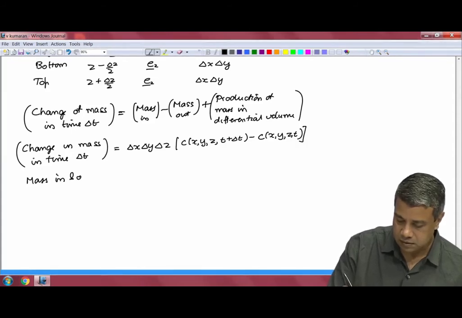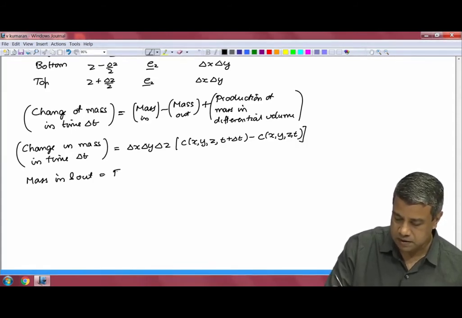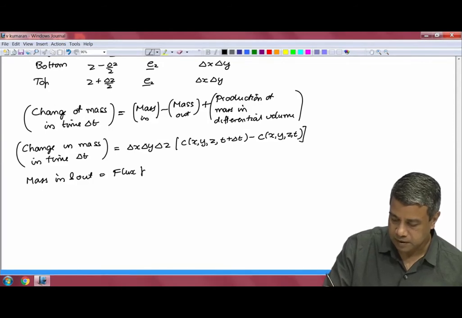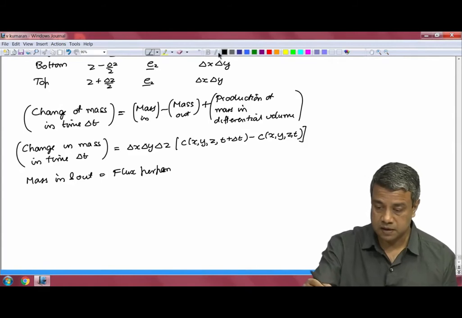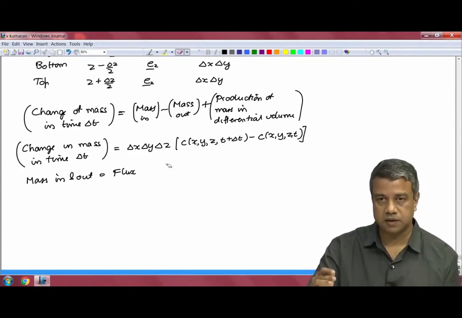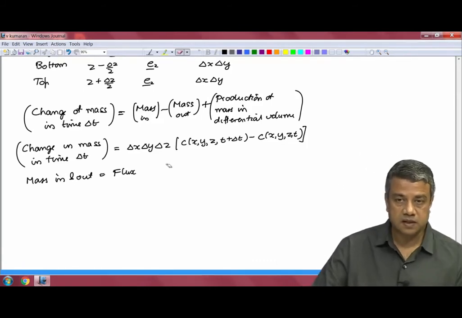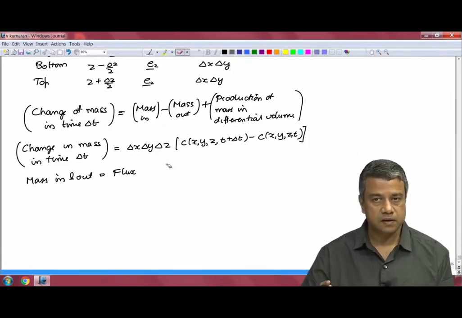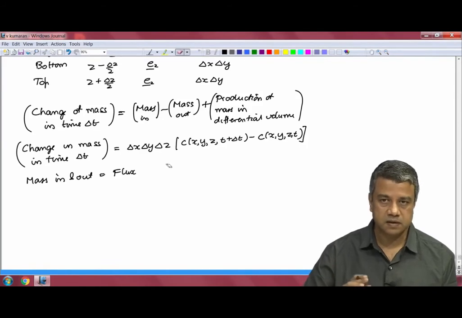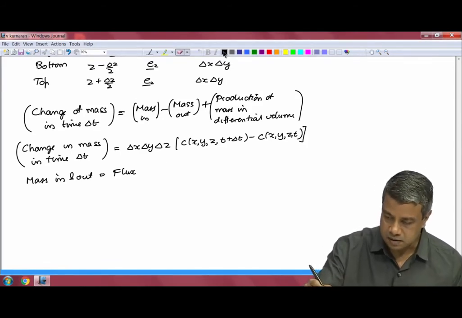In and out is equal to the component of the flux that is perpendicular to the surface, because it is only the flux perpendicular to the surface that results in transport of mass across the surface. Component of the flux parallel to the surface does not result in transport of mass across the surface.